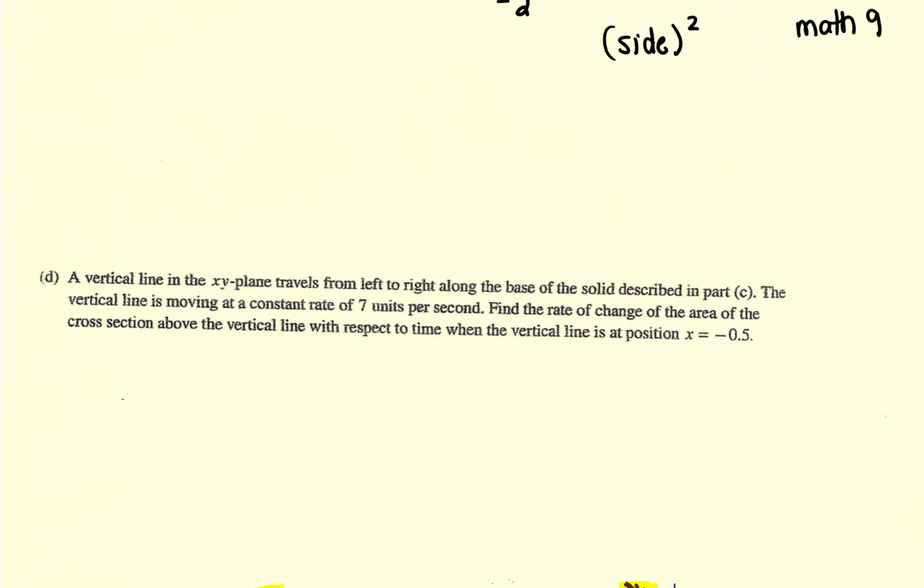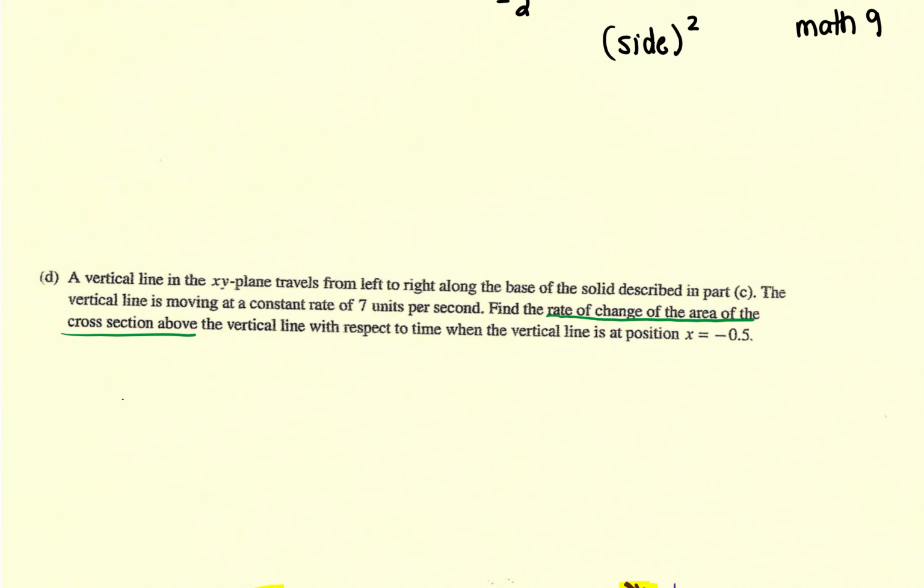We want to find the rate of change of the area of that cross section with respect to time when the vertical line is at x equals negative 0.5.